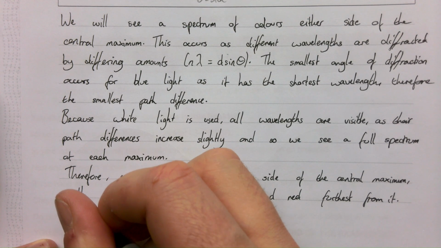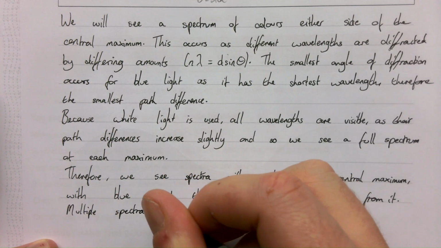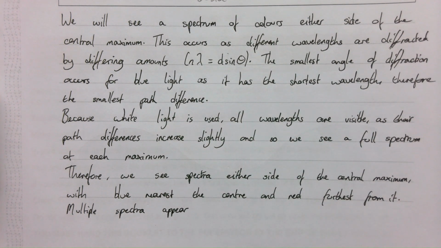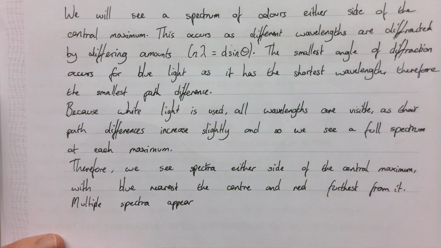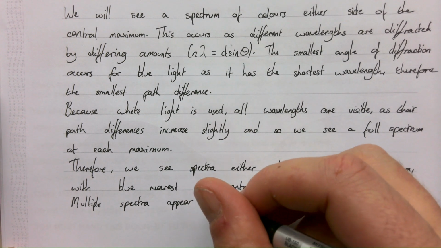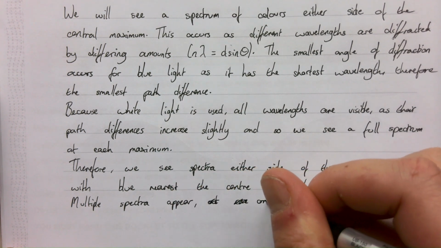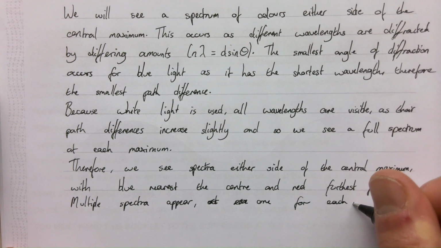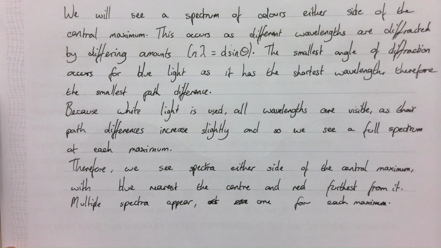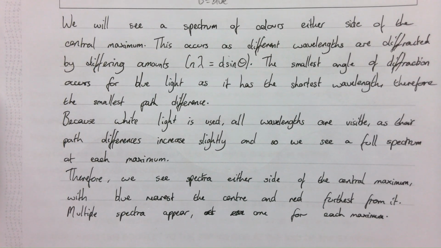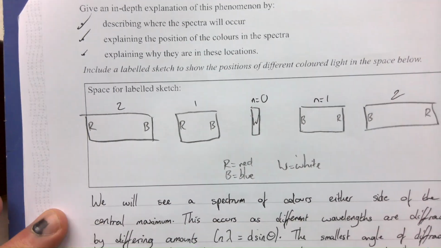Multiple spectra appear, one for each maximum. So I've not worded this brilliantly, to be honest, but the idea is now I've described where the spectra will occur.